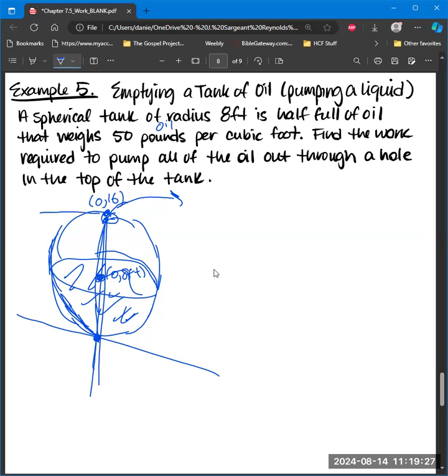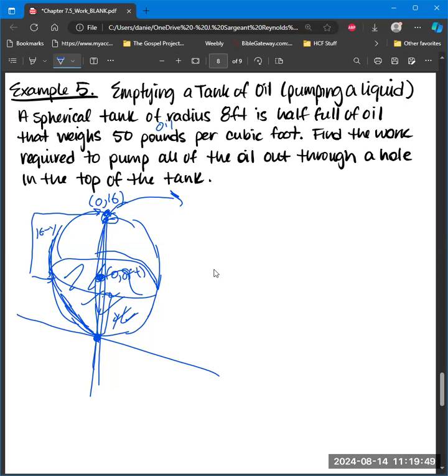So that makes this distance here the distance that the oil has to travel. If the height of the oil at any point is y, then this distance is 16 minus y that it has to travel.